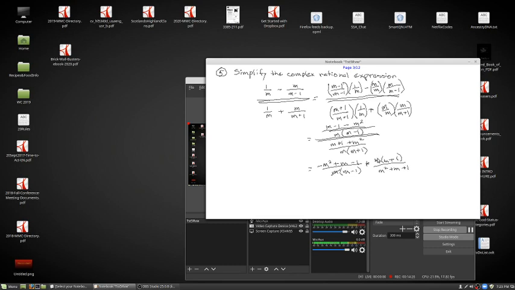Now we can cancel these two m's here. That'll leave us then in the end with m plus 1, let's factor out the minus here, so it'll be times m squared minus m plus 1.